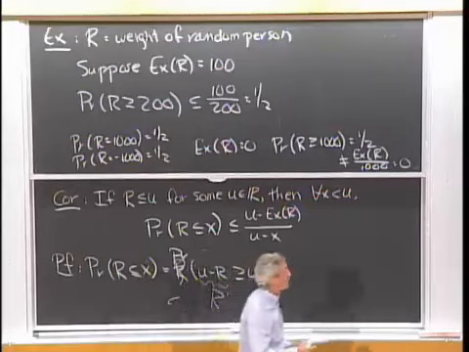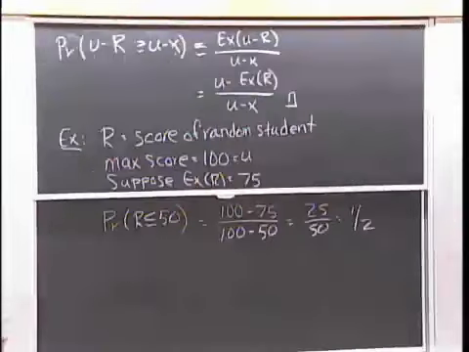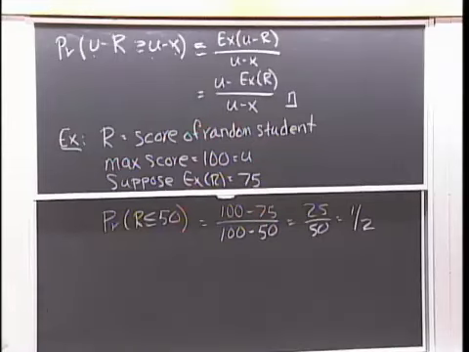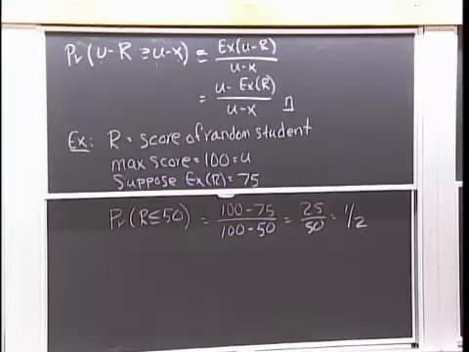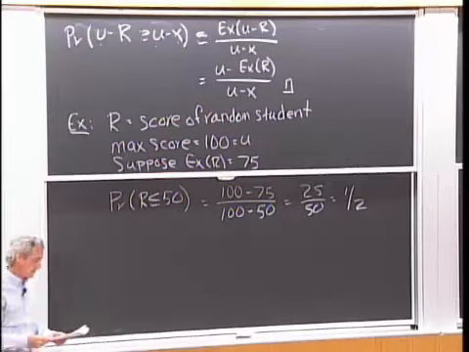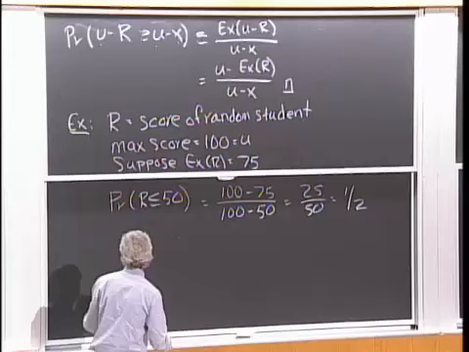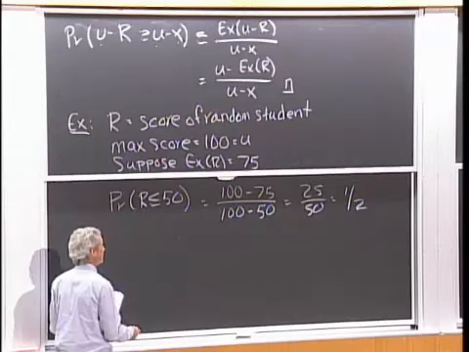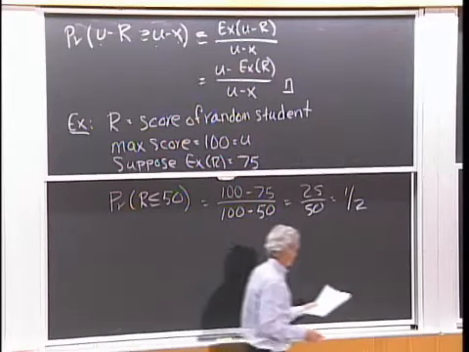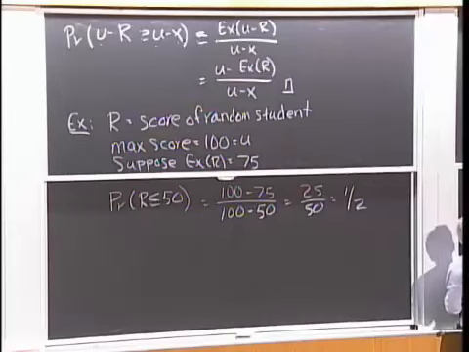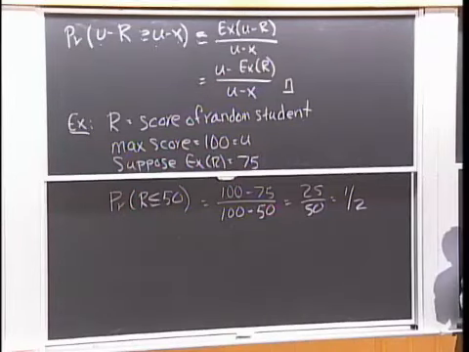For example, if you know the variance in addition to the expectation, then you can get better bounds on the probability that the random variable is large. In this case, the result is known as Chebyshev's theorem, and it's the analog of Markov's theorem based on variance.